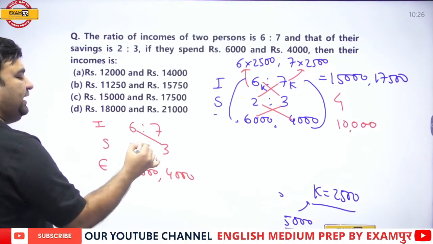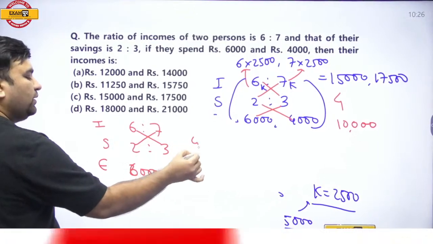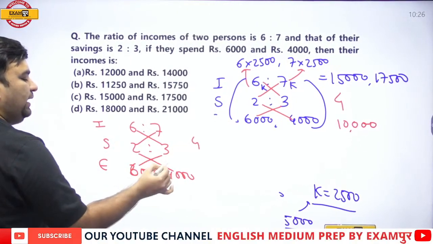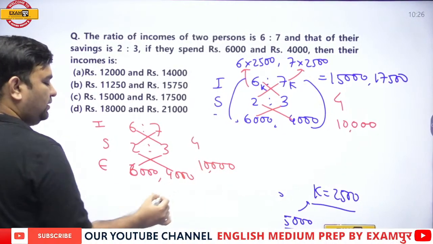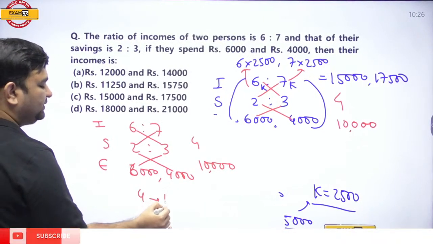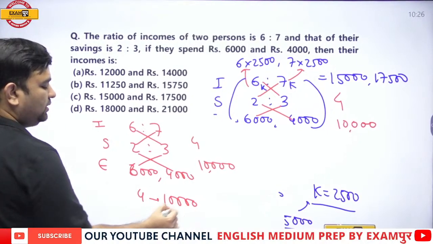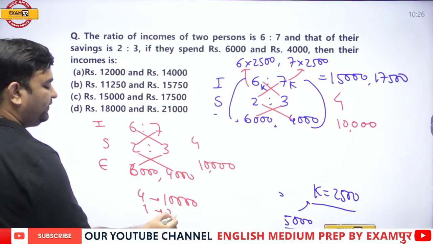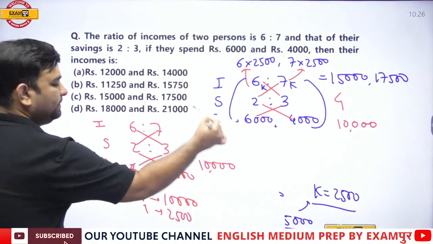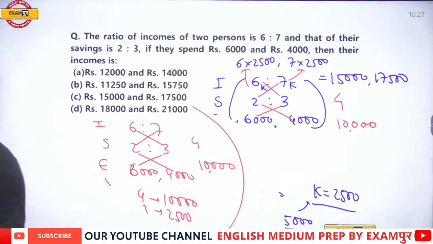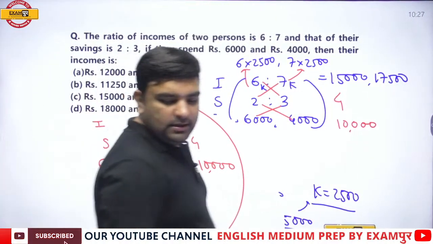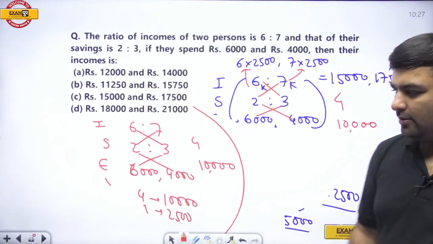Apply the crisscross. 18 minus 14, 4 is equal to 18,000 minus 8,000, 10,000. So 4 is equal to 10,000, so 1 is equal to 2,500. Just this much space and it is gone. Next.